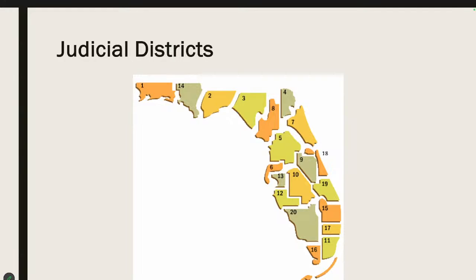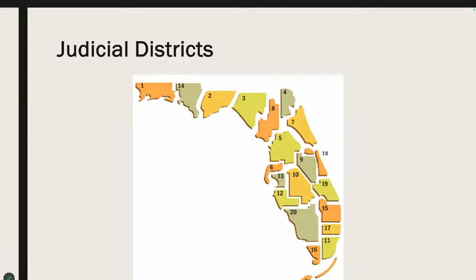Most of these jurisdictions are comprised of several counties, but some of the larger, more populous counties like Miami-Dade and Hillsborough, that's Miami and Tampa respectively, have their own judicial district that is one county. So each district elects its own prosecutor, and those prosecutors, as I said, are very influential and powerful.